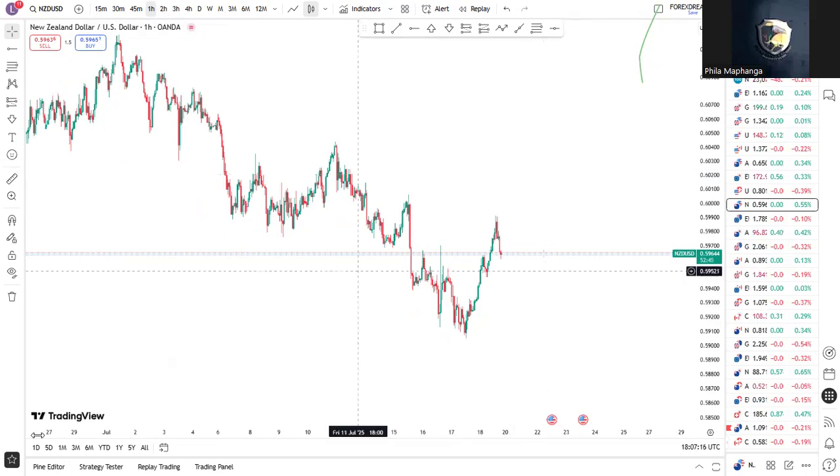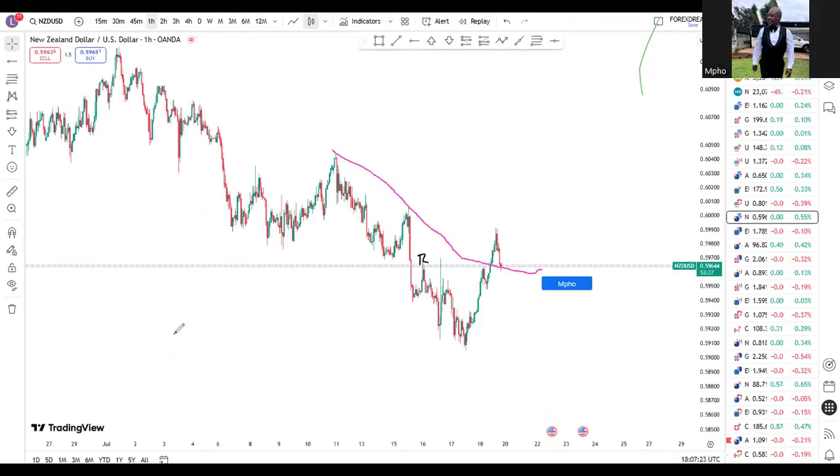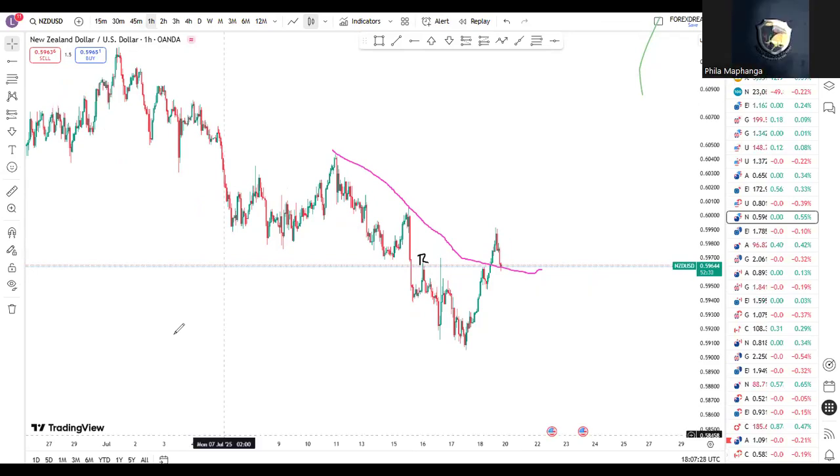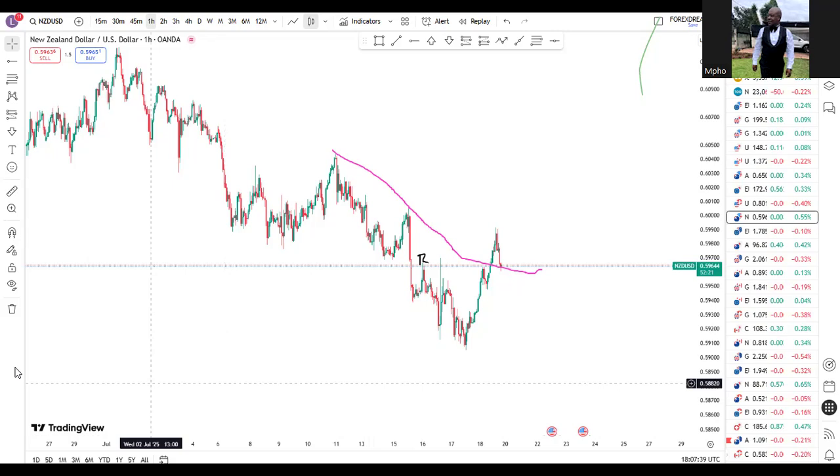I see you guys are not ready. Here's your resistance. I see a breakout of a trend there. If you can put this line straight, it's a breakout and retest there. That's what I can see.